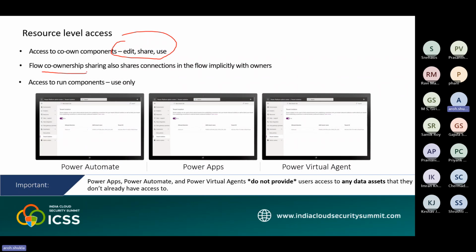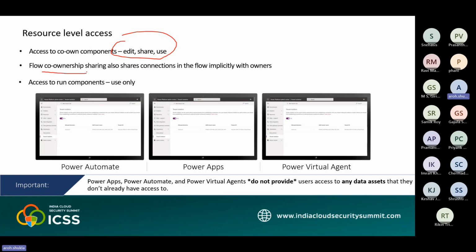Maybe there are 5 people in my organization and they want to access my flow. So I can give access to them, and then they can see the application. Again, I have to give access on your backend system, whether it's SharePoint or Dataverse. Okay, and then it depends on what permissions.